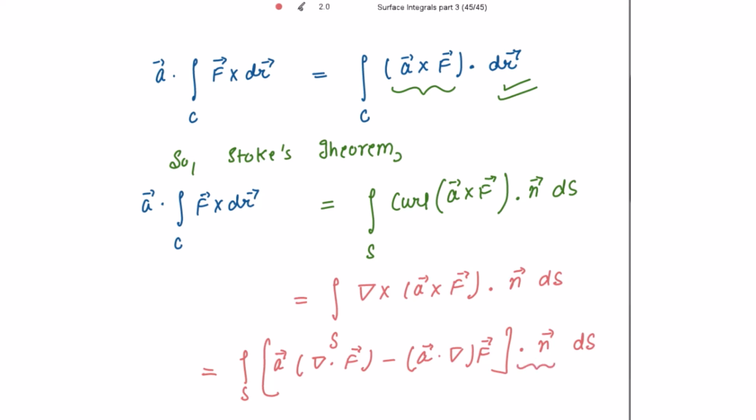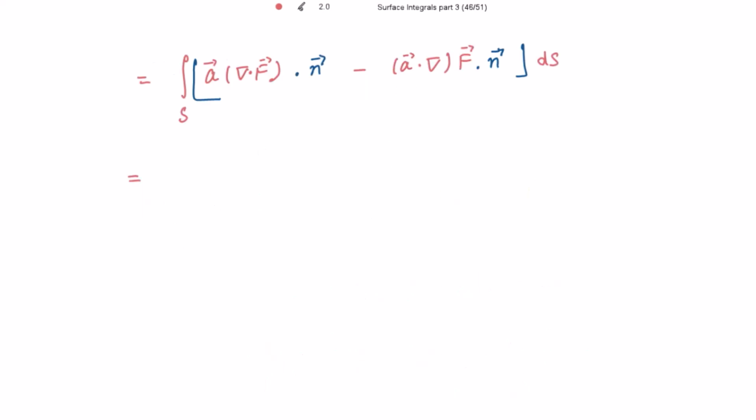Let's take the dot product with n vector with both the terms inside the bracket. Very fine. Okay. Now the dot product of this divergence of f vector cannot be taken with this n vector. It is not possible. So we need to shift this dot to this place.